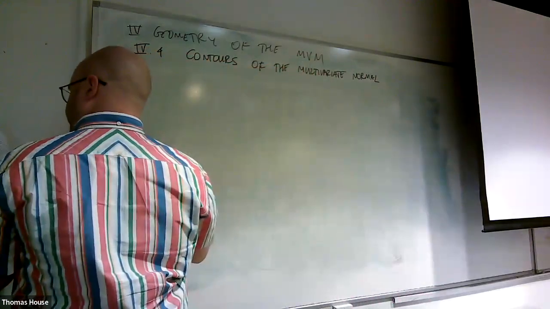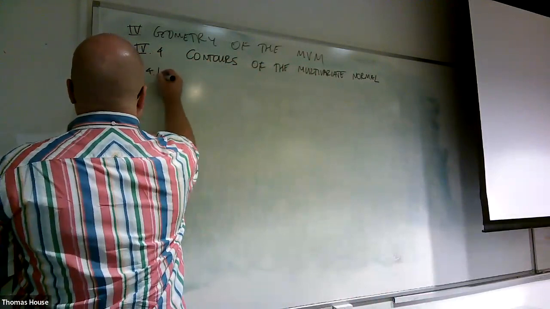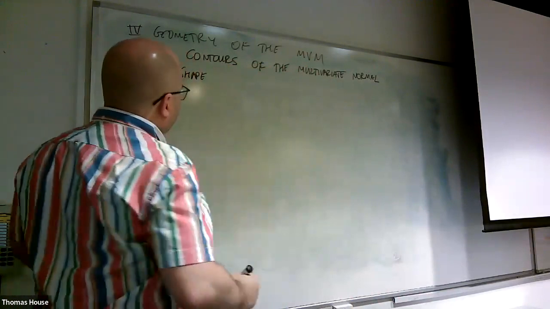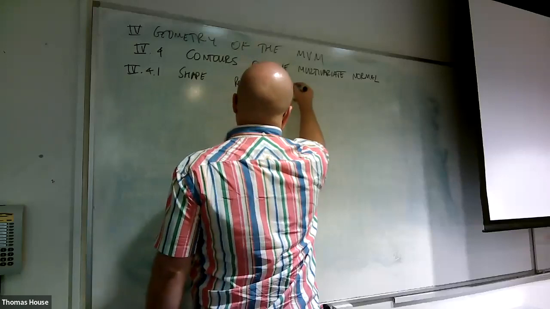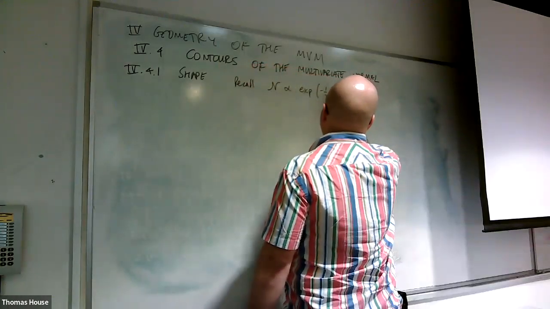So if you recall, the normal is proportional to exp of minus a half.